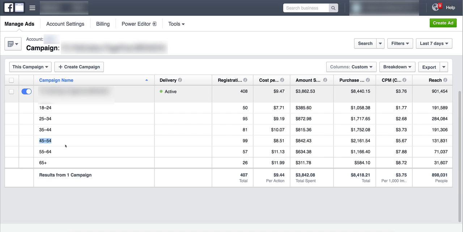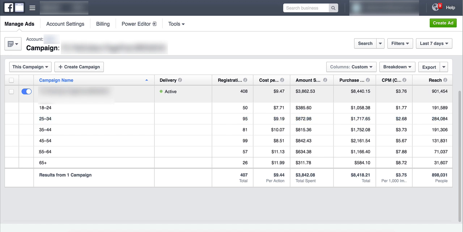So split testing by age group, very important. It may be priority number 4, but that doesn't mean that it's the least important. They're all important, okay? And it makes a huge difference. And what's amazing is just seeing these 45 to 54-year-olds convert like fire with very high ROI, when it looked like the trend here was the older the demographic, the lower the conversion rate.